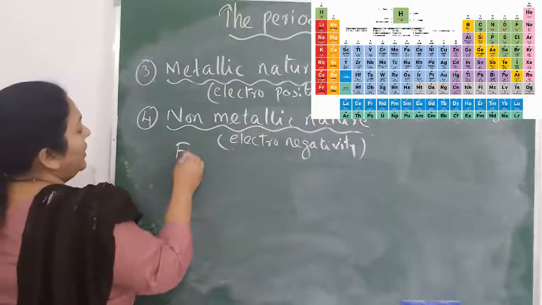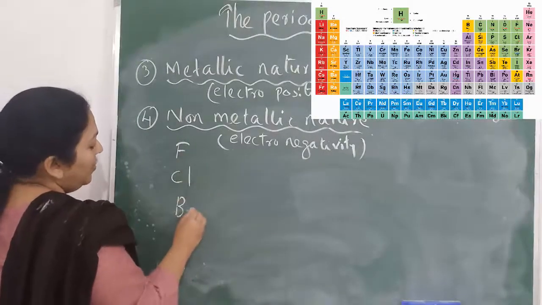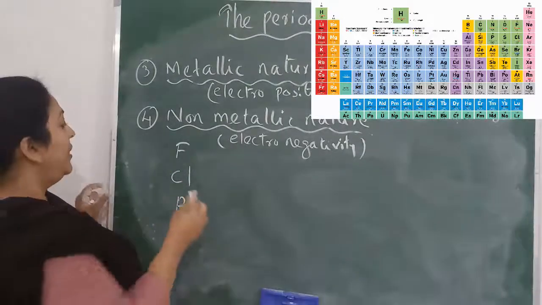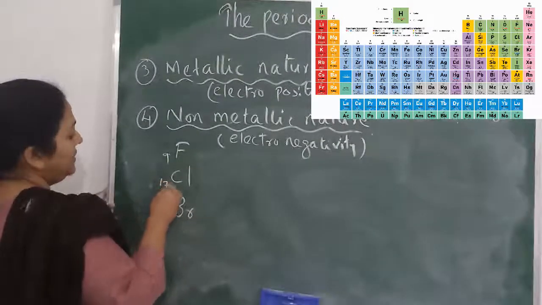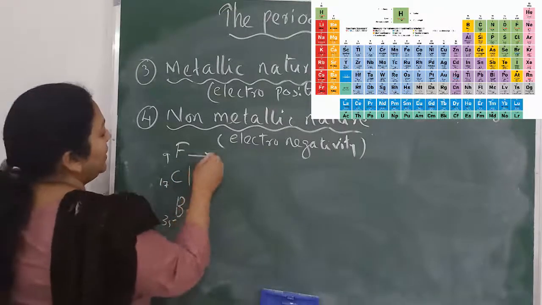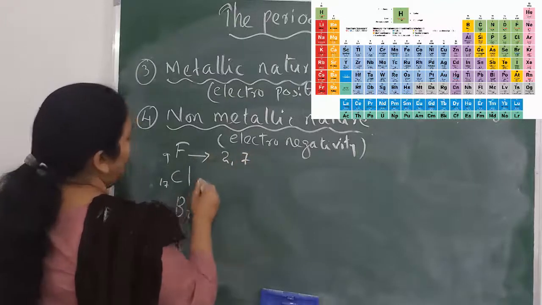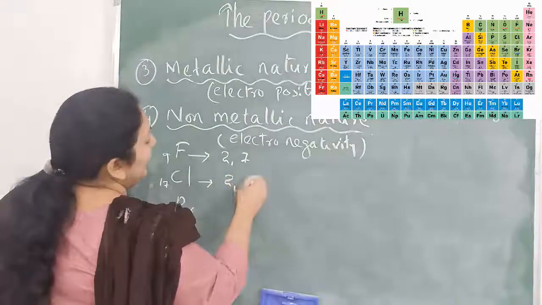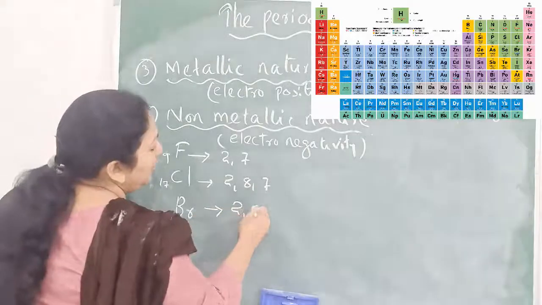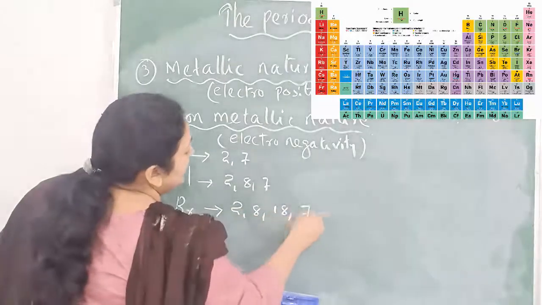So it is fluorine, chlorine, bromine, iodine, astatine, etc. Atomic number of fluorine 9, chlorine 17, bromine 35, etc. The electronic configurations are 2, 7; 2, 8, 7. Bromine you haven't learned, even then I am writing 2, 8, 18, 7.